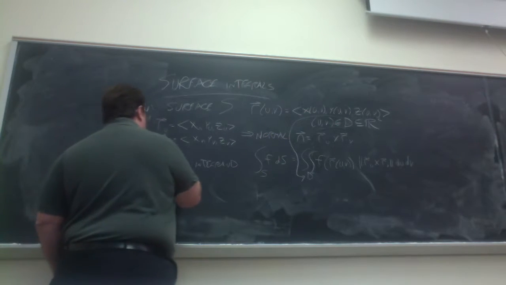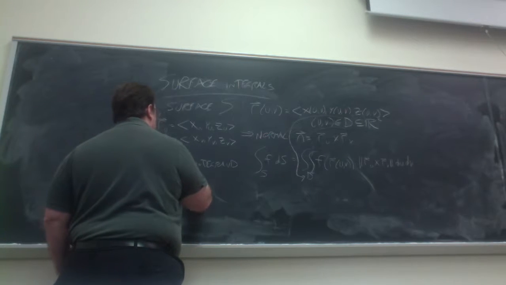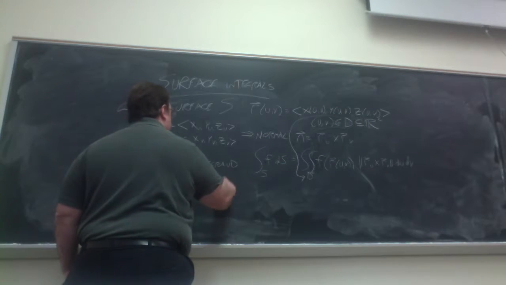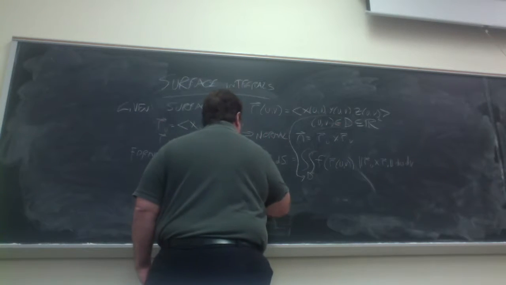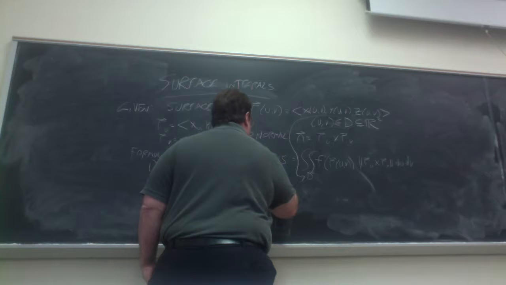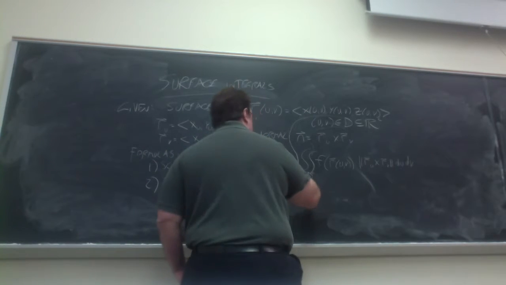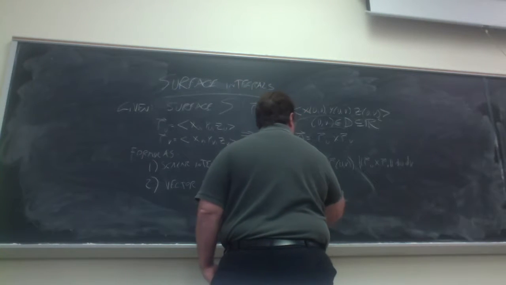And then you have the other possibility, which is actually of greater interest to us. If it's a vector field, so the integral of a vector field, capital F, that is also a double integral over a parameter space.